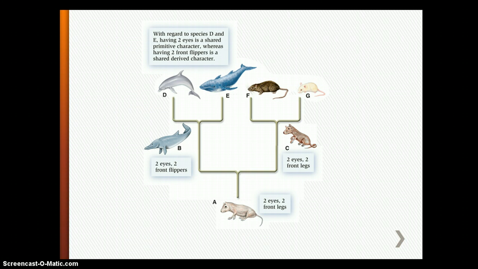So this is a very good example of the most simplistic cladogram that was given in the book, and it really gives a nice rundown of how this goes. So as you can see, species A has 2 eyes and 2 front legs.